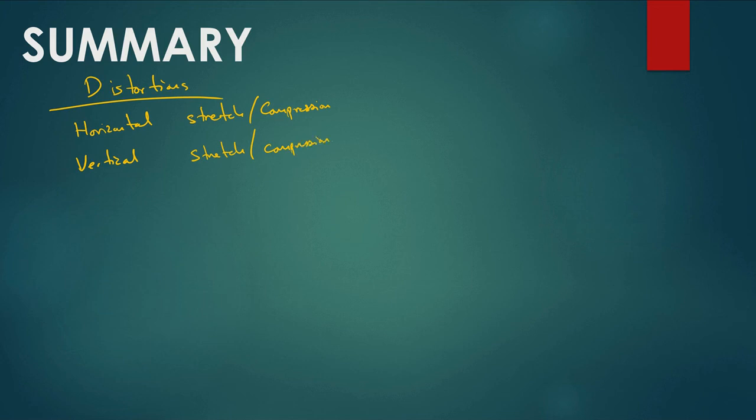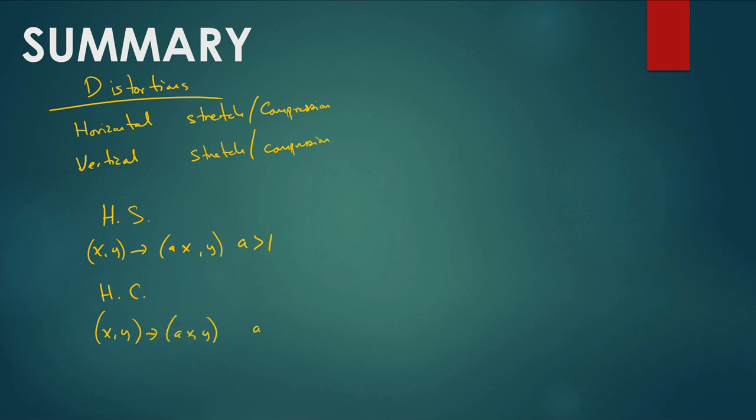Okay. What determines whether it's a horizontal stretch or compression? We'll say horizontal stretch would mean that here your A value would be greater than 1. If it's horizontal compression, would mean that your scale factor here would be between 0 and 1.